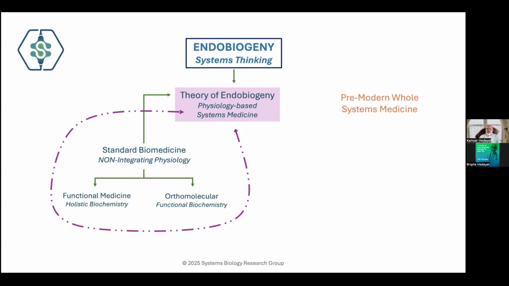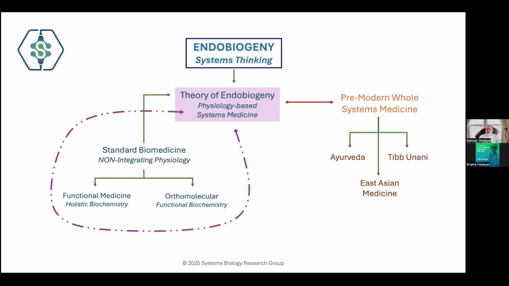Now, we also have pre-modern whole systems medicine, such as various East Asian medicine traditions, Chinese medicine, Korean medicine, Japanese medicine, Tibetan medicine. You have Ayurveda, you have Tib-Unani, which is like a mixture of Greek and Ayurvedic medicine and East Asian medicine.